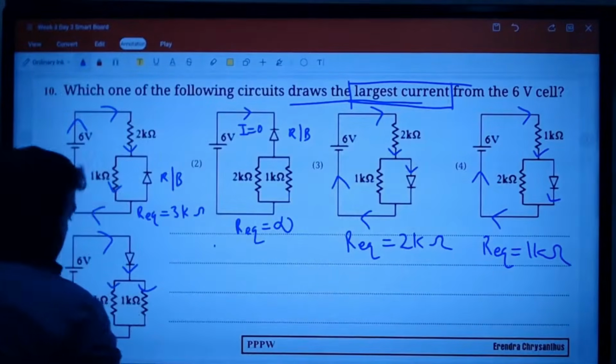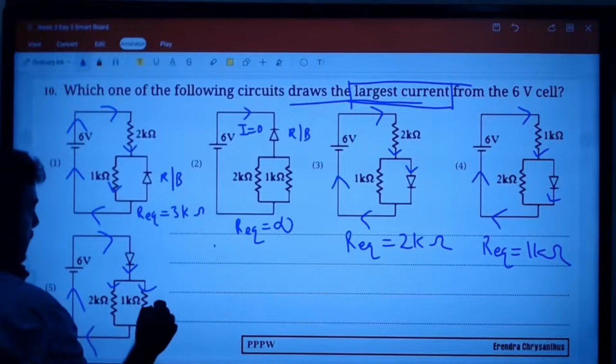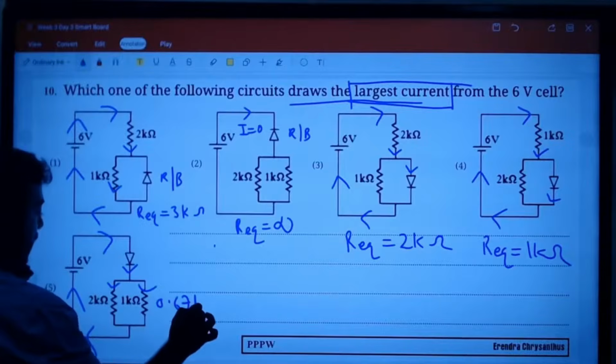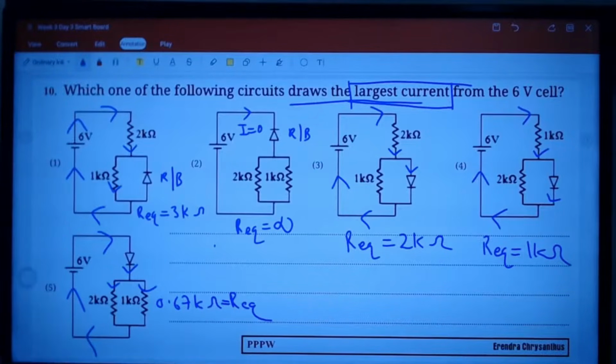Here 2 and 1 are in parallel: 2 times 1 divided by 3, which is 0.67 kilo ohm effective resistance. So the biggest current will be in the smallest resistance. Correct answer, answer number 5.